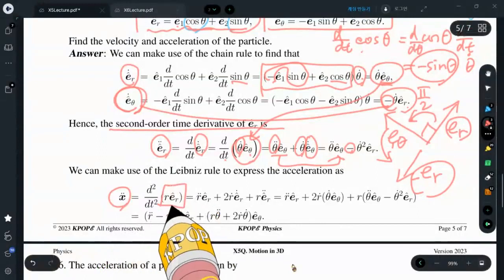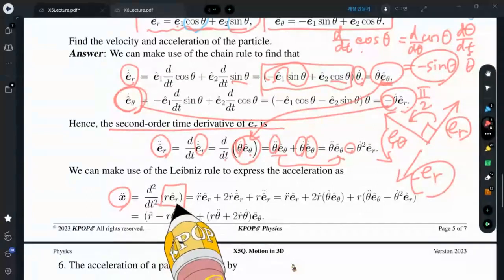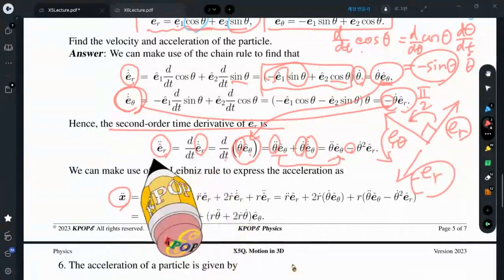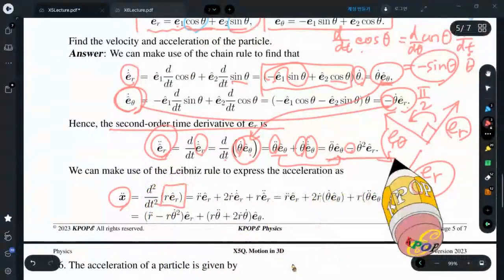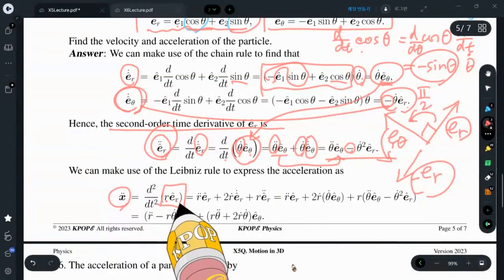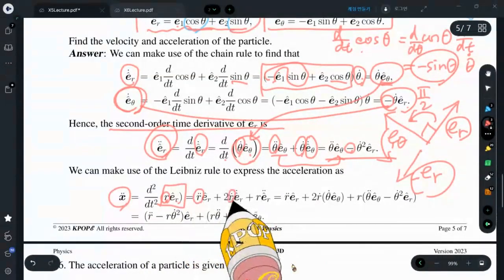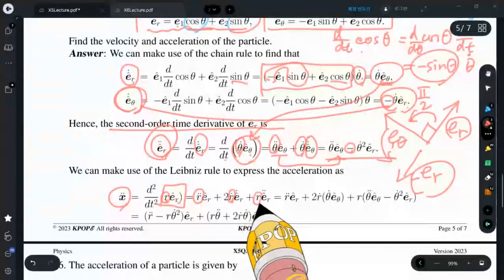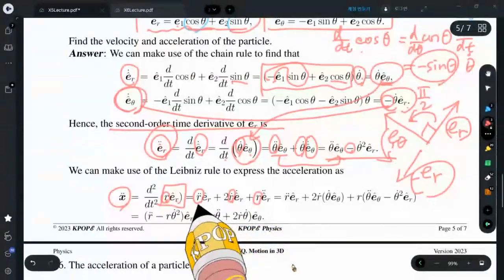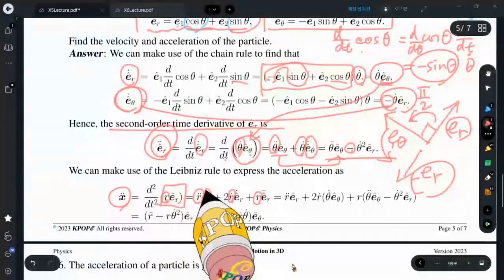A general two-dimensional vector is a radius multiplied by the unit radial vector. We take the second-order derivative of this product. So R can carry a double derivative, a single derivative, or no derivative. If R has a double derivative, then e_R has no derivative.